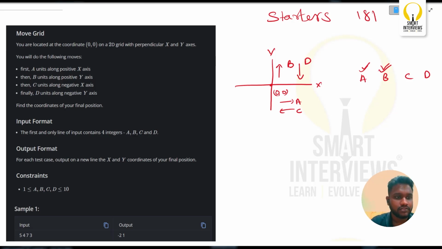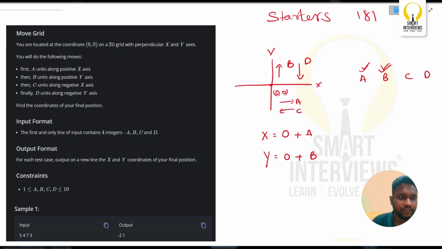Our question is asking to simply print the new x and y coordinates of our final position after we do this. Looking at the code, it is quite simple, right? Initially, x is at 0, y is also at 0. So these are our initial positions. When we process A, that means we are going plus A units to the right. Similarly, when we process B, we are going positive in the vertical direction, so plus B for y.